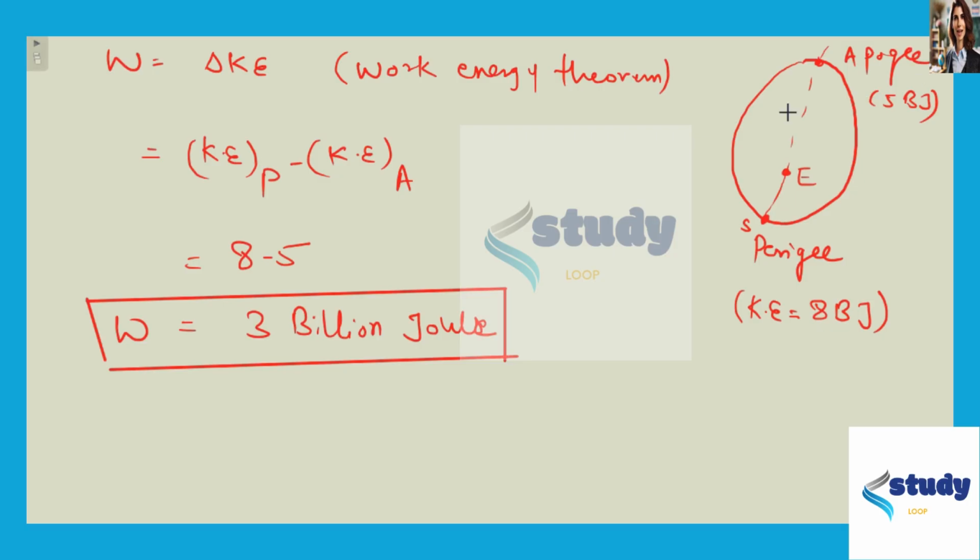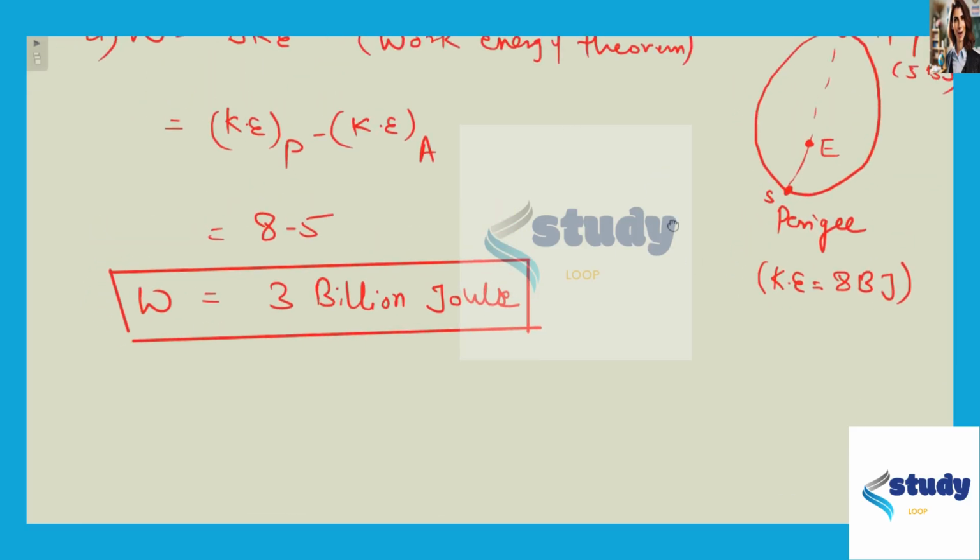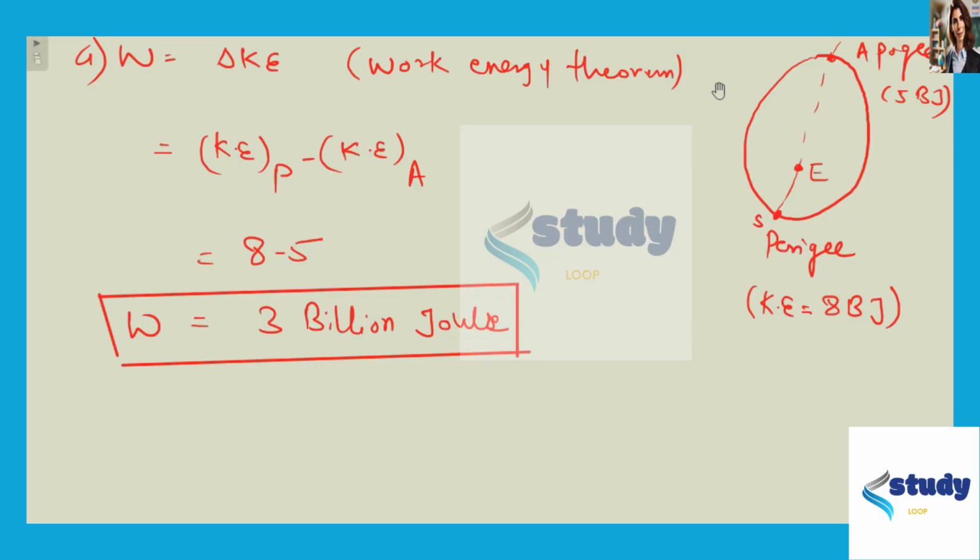Now in the second part, we are asked whether its potential energy increases or decreases during this time. As the satellite travels from apogee to perigee, we can clearly say that its kinetic energy increases.